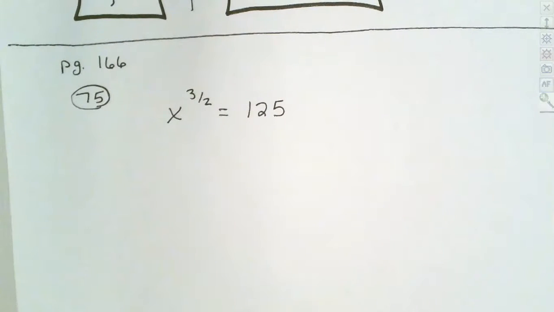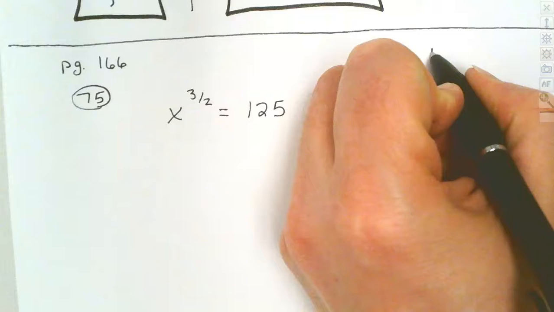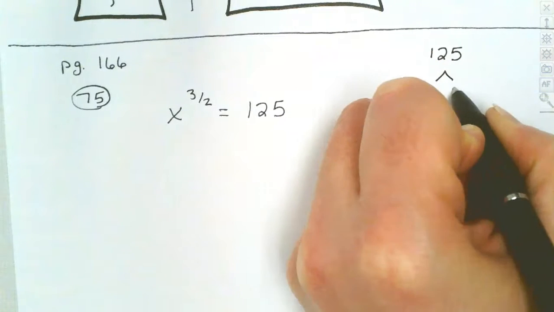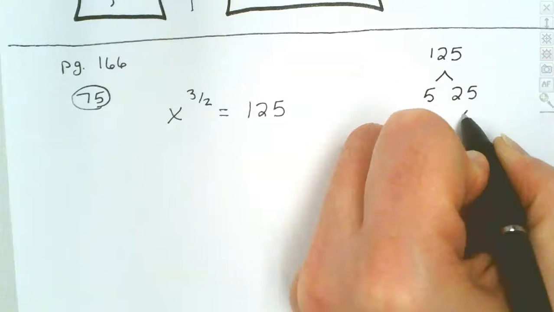Okay, now what we want to do is see if we can work with that 125. And we want to try to break down that 125. How does 125 break down? 125 breaks down to 5 and 25, and then 5 and 5.